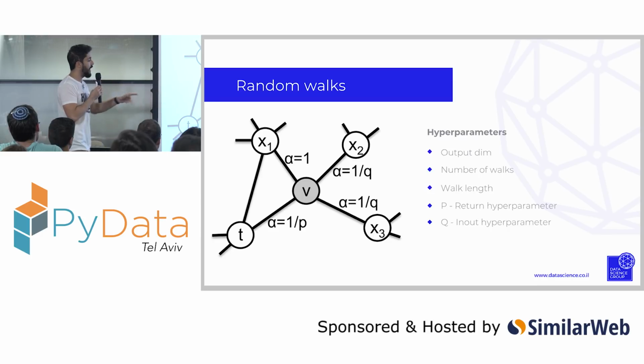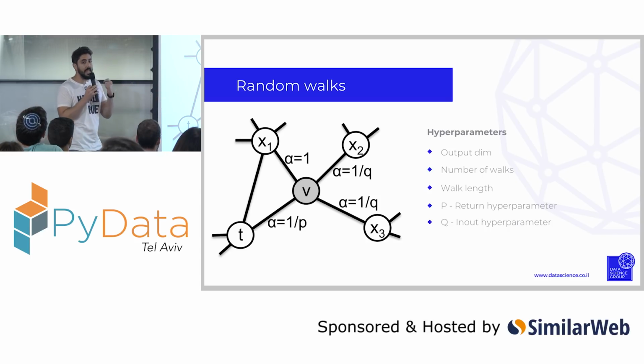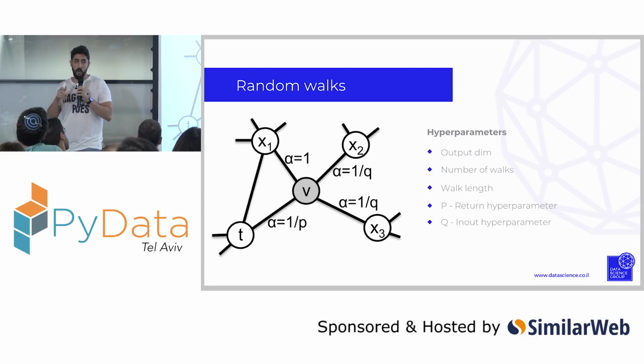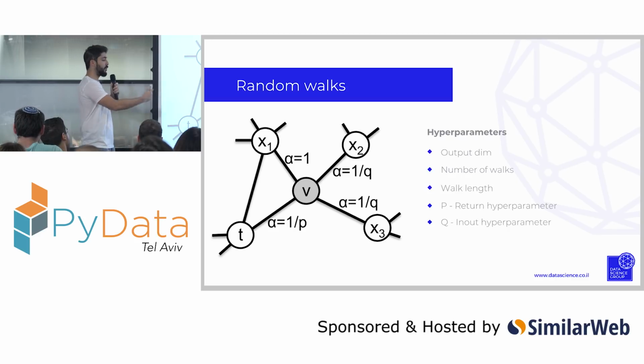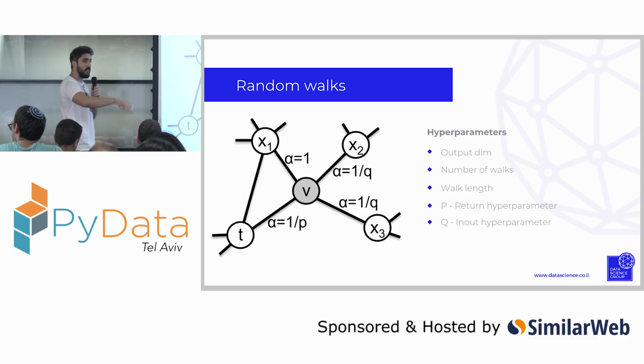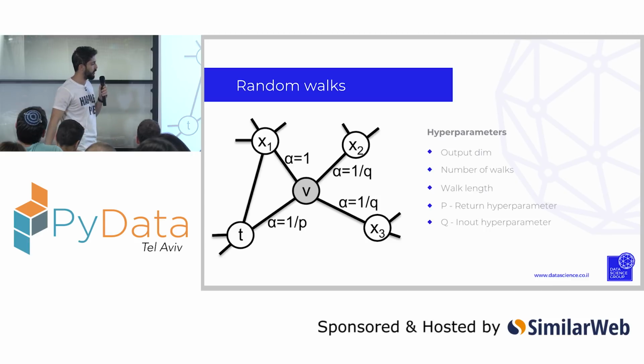So we are in V and we came from T. The P value, which is the return hyperparameter, controls the likelihood that we're going to go back from V to T. If we set a low P parameter, we increase the probability to return back, and actually we just say, I want to emphasize the connections on the local level. See, the graph could be huge. I want to emphasize the local structure of the graph. So that's the P return hyperparameter.